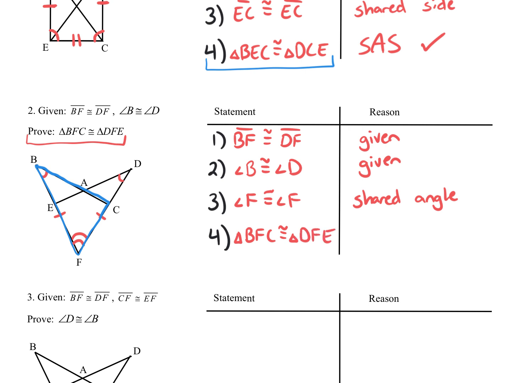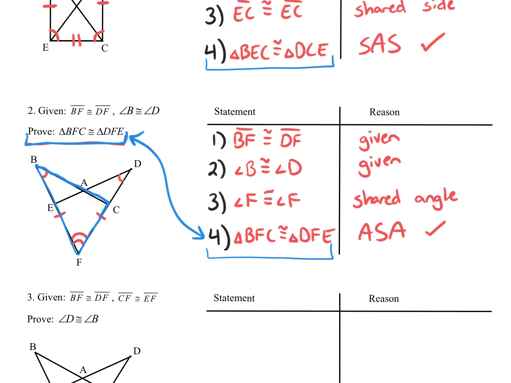And then what is my reasoning? Angle, side, angle. And again, how do you know you're done with the proof? If your last statement is proven and it's the last statement that you wrote down. Okay, these two should match.